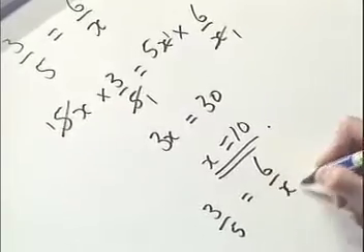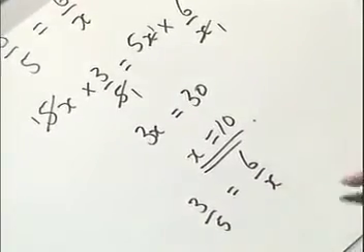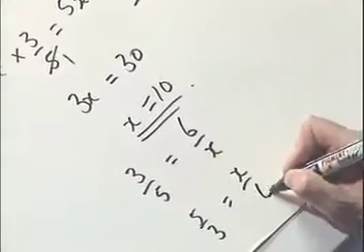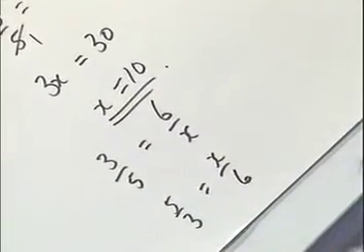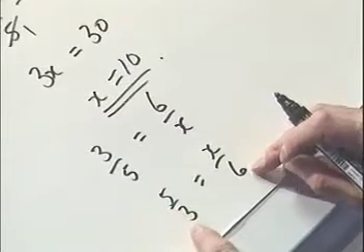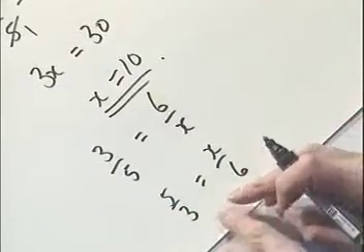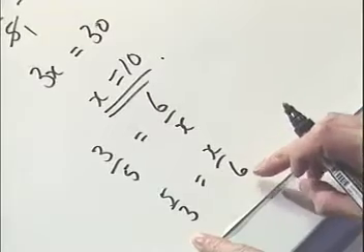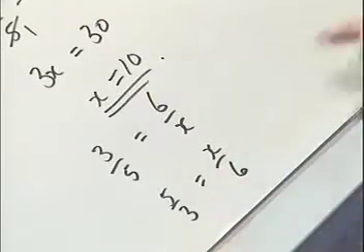If two fractions are equal that way up, they're also equal the other way up. This makes it easier still, because all that we need to do now is multiply by the common denominator, and we can see what that common denominator is. It's quite clearly 6, because 6 divides into 6 and 3 divides into 6.